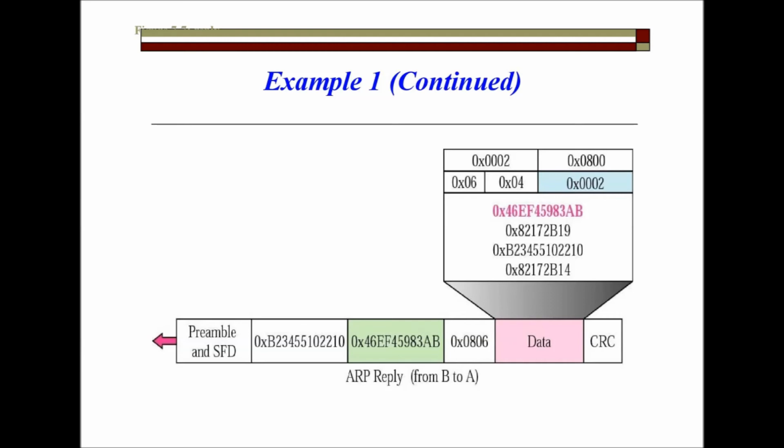So you can see a preamble, and after that different addresses, and after that data and the CRC, cyclic redundancy check, field. In the data field you can see the ARP reply from B to A. So the physical address, the MAC address of B's computer, will be received by A or by the host device.